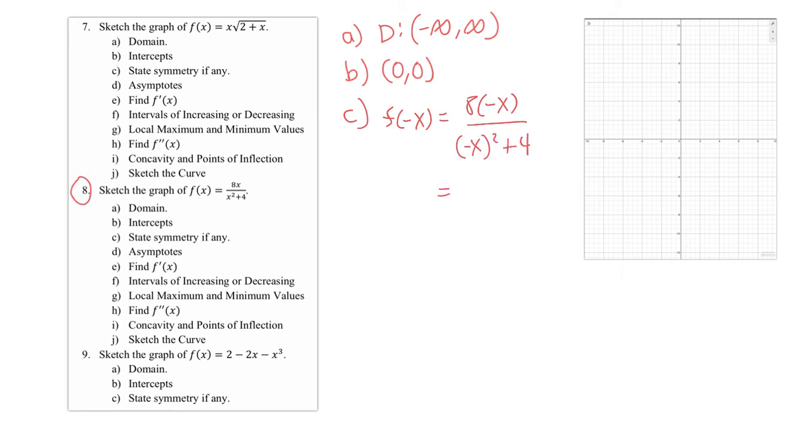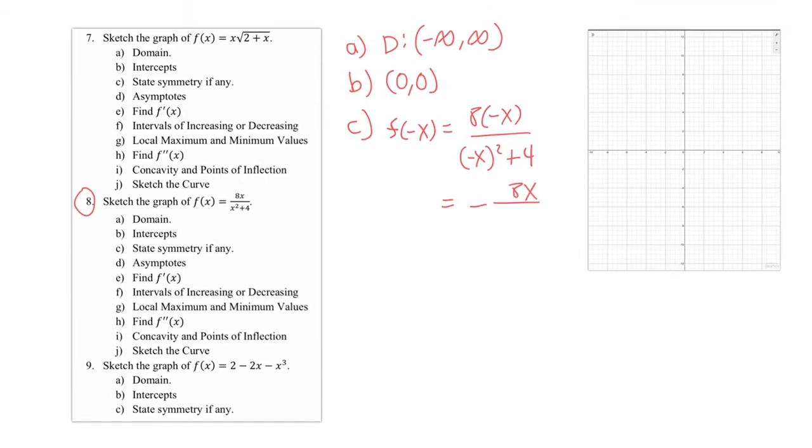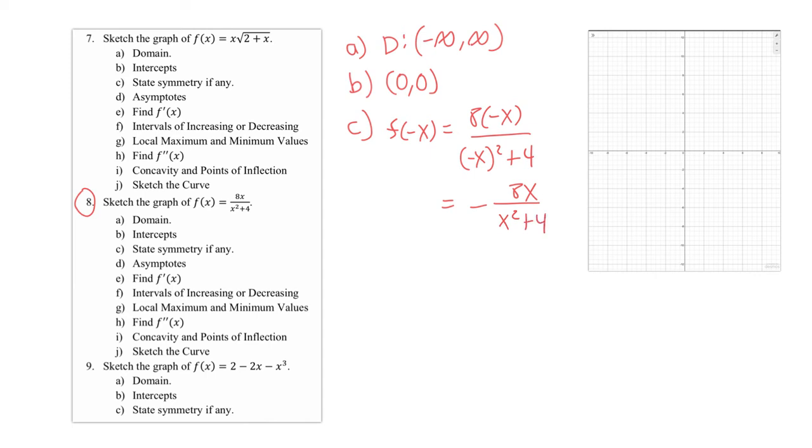And that turns out to be negative 8x over x squared plus 4. So it turns out this is an odd function, so it's definitely symmetrical about the origin. Okay, so I'll just write origin there. So that's an odd function.